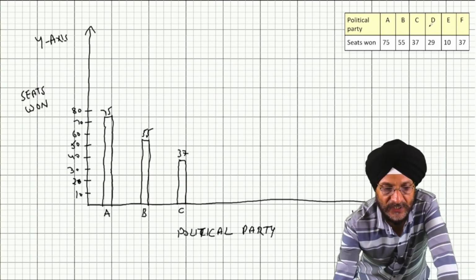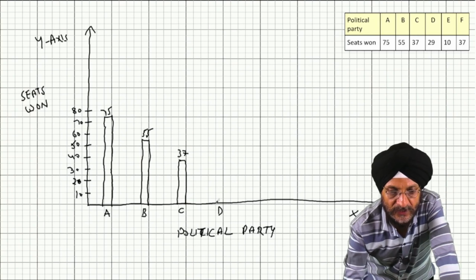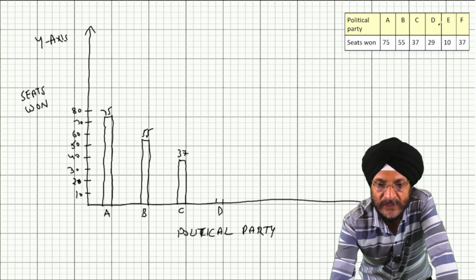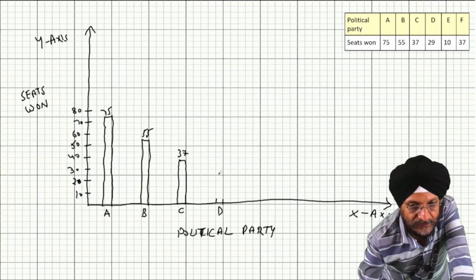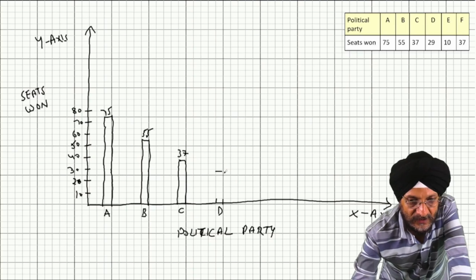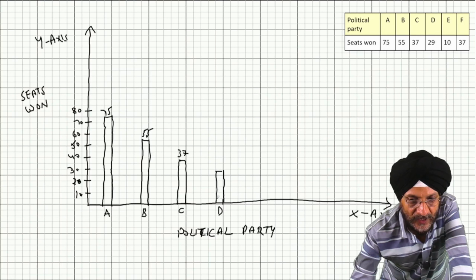Now the next party is D. D political party. Here also the bar will be of equal width. It is 29, because it is less than 30. So here we have kept the line somewhat below 30. It will be based only on approximation.